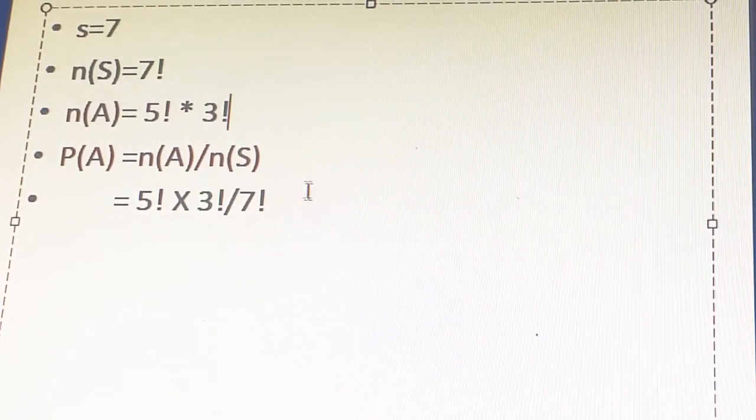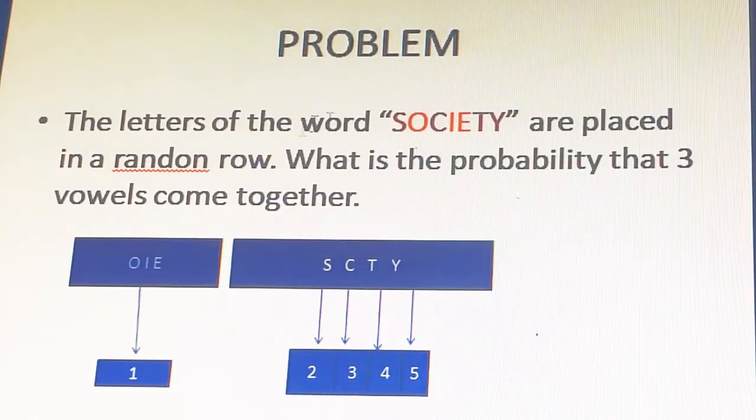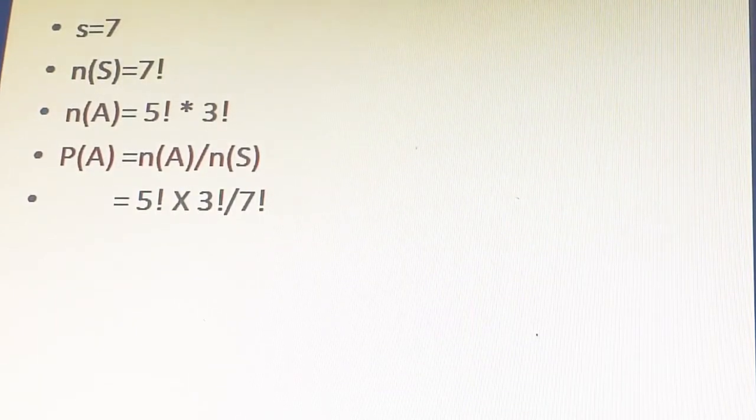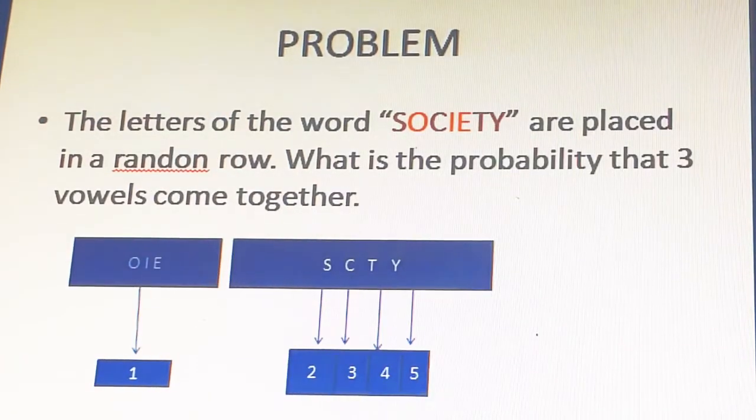Okay students, your n(S) is 7 factorial. What is 7 factorial? It is the total possible outcomes, that is, without restriction. How are we going to arrange this? 1, 2, 3, 4, 5, 6, 7. So SOCIETY can be arranged in 7 factorial ways. That will be your n(S). And what is your n(A)? The number of favorable outcomes is where the 3 vowels are coming together.